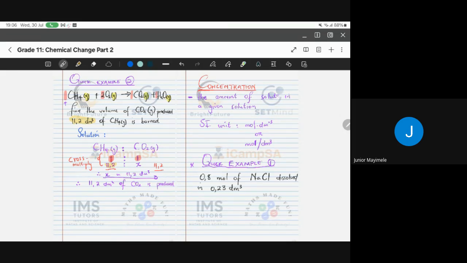This is a typical example you would find in a test or exam. But in an exam, they'd add even more detail, which we'll do as we proceed with the lesson. We can do a few exam examples as well. Now, 0.8 mole of sodium chloride is dissolved in 0.23 cubic decimeters of H2O, water.